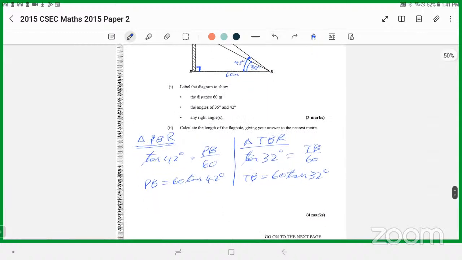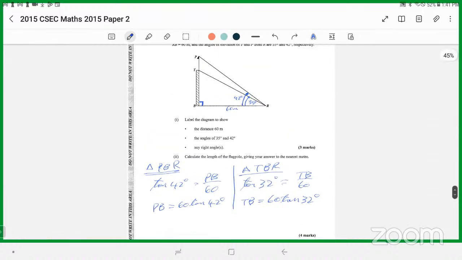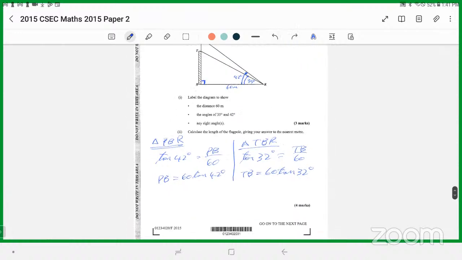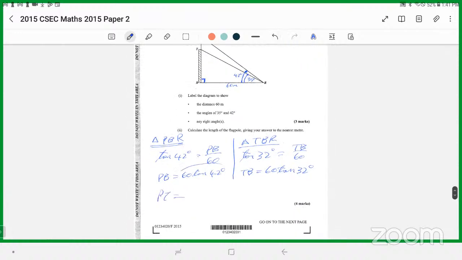So length of flagpole, let's just write so. The length of flagpole is this PT. So let's write PT equals this minus that: 60 tan of 42 degrees minus 60 tan of 35 degrees.